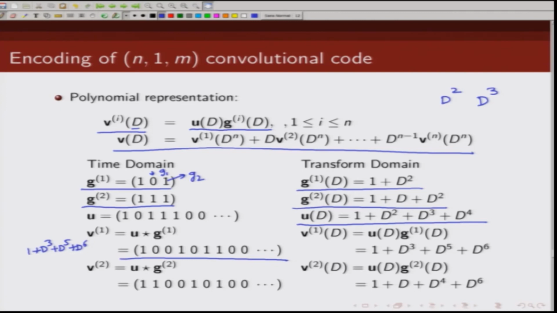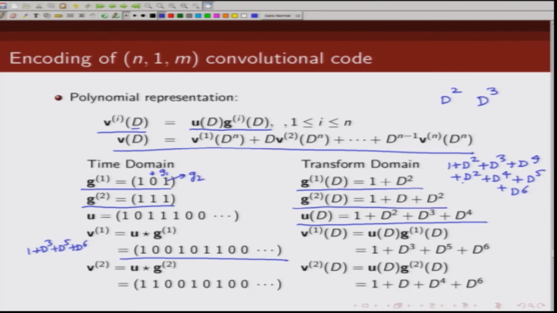So if we multiply UD by G1 of D, so 1 times this will be 1 plus D square plus D cube plus D4, plus D square times 1 is D square, this will be D4, this will be D5 and this will be D6.